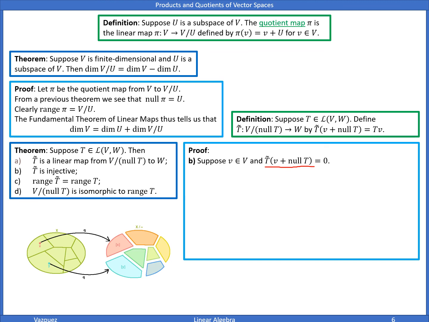What does that mean? Because of how this is defined, we get that TV is equal to 0. We're just getting that from the definition. Therefore, V is in the null space of T. And by the previous theorem, we get that V plus the null space of T is equal to 0 plus the null space of T.